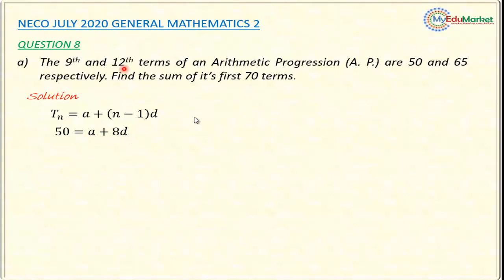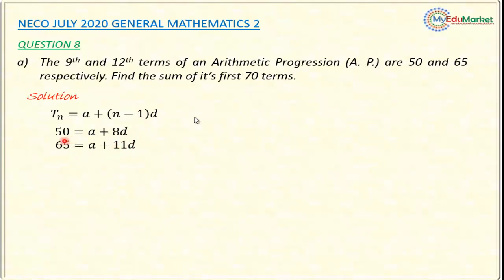Term number 12 is 65, so let me substitute it also in the Tn formula. So I have 65 equals a plus 11d. If I consider term number 12, n is going to be 12, so 12 minus 1 gives 11, so I have 11d here.